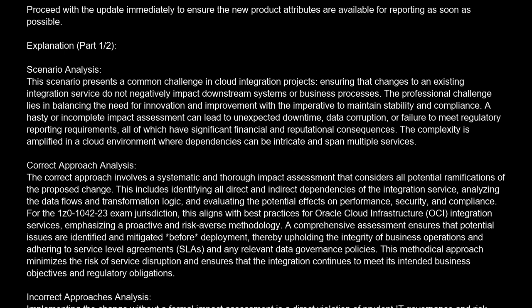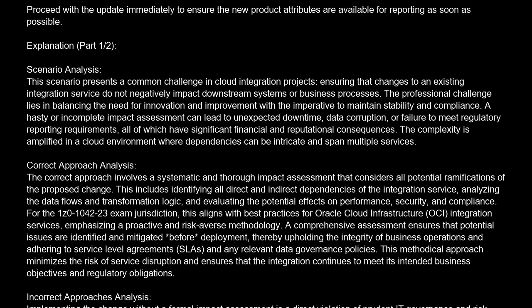Correct approach analysis. The correct approach involves a systematic and thorough impact assessment that considers all potential ramifications of the proposed change. This includes identifying all direct and indirect dependencies of the integration service, analyzing the data flows and transformation logic, and evaluating the potential effects on performance, security, and compliance.